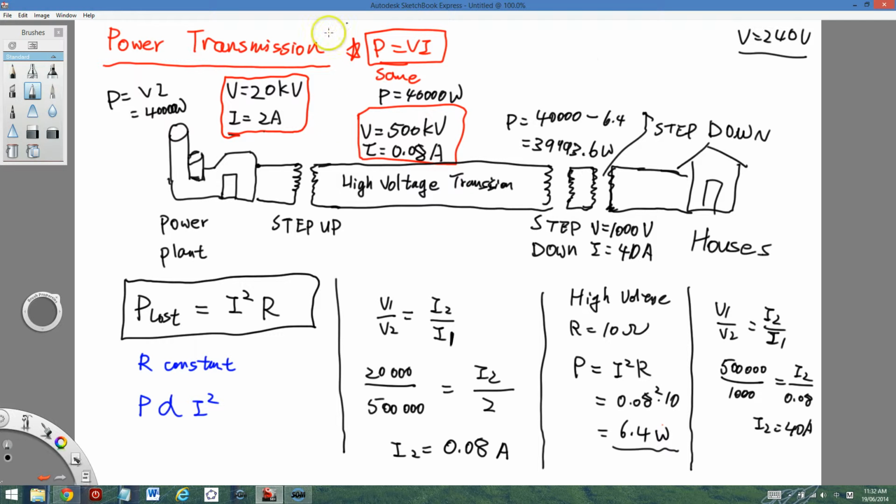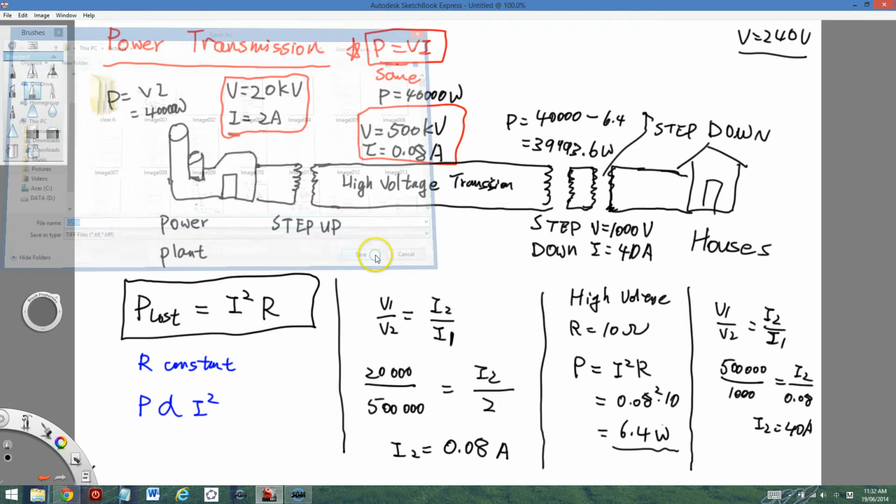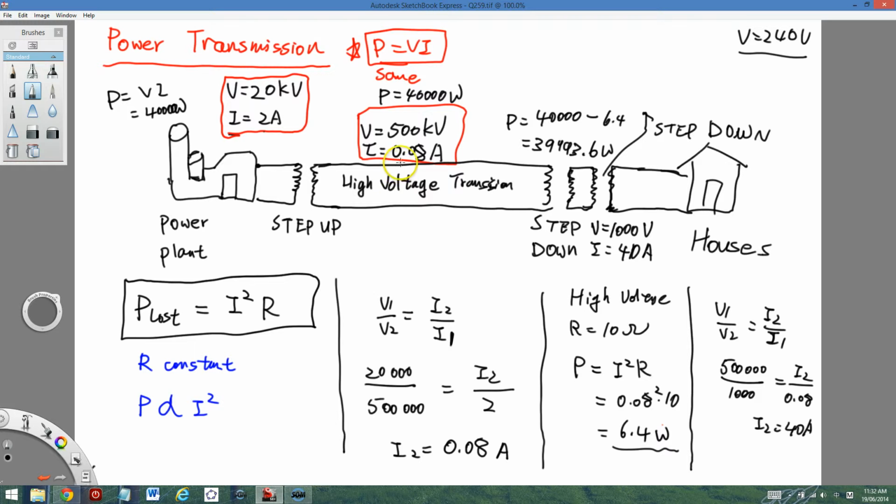Okay. So this is the process of power transmission. It all depends on transformers. And be aware, transformers only work with AC current. So that's why we have AC current in our house.